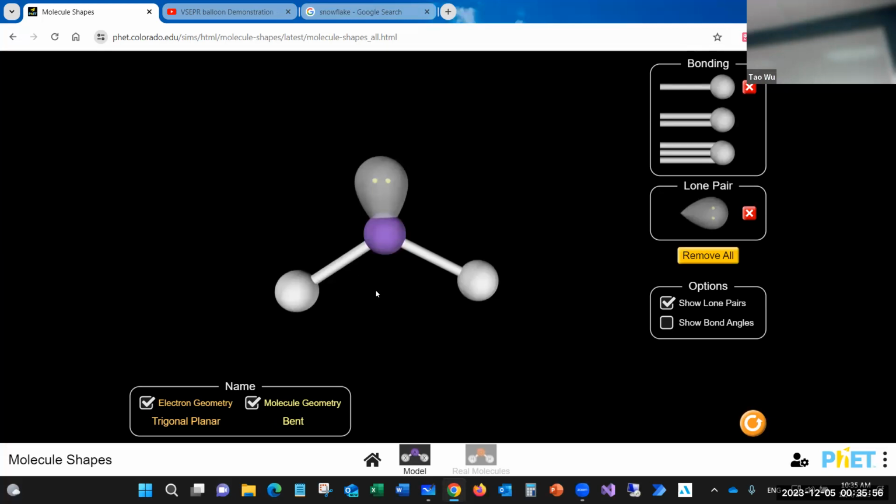So the real structure, although this guy is a trigonal planar, right? The trigonal planar, but since this guy is invisible, the only seen part is just the bottom parts. The bottom parts is not exactly planar, it's bent. It makes sense, right? So that's why we have some variation. Or you can see it like this. This is tetrahedral, right? If we have only 3 bonds, but the top part is invisible, which is a lone pair.